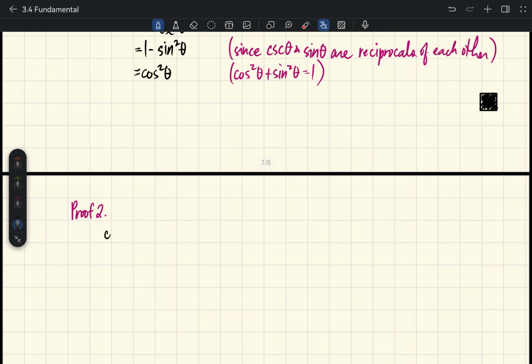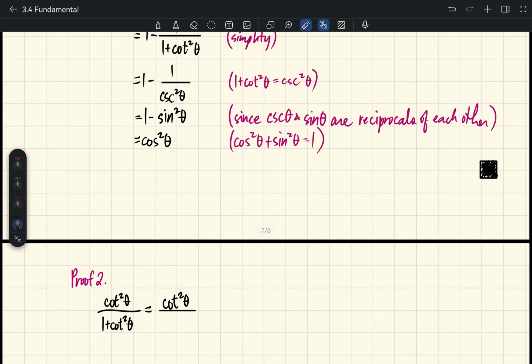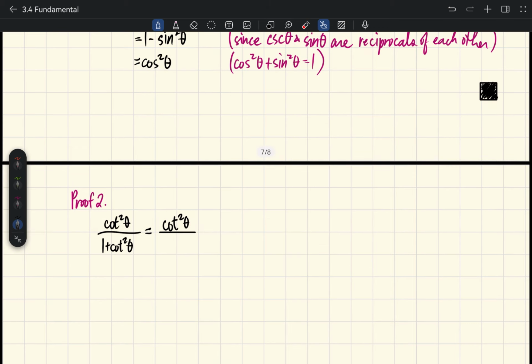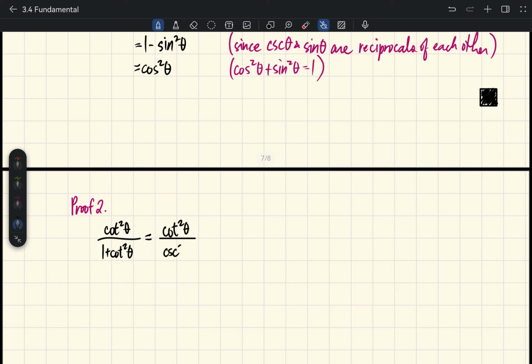So we have cotangent squared theta all over 1 plus cotangent squared theta equals, so let's retain the numerator, but for the denominator, we will be using this identity right here. So we have all over cosecant squared theta. So what we just did here is use the identity 1 plus cotangent squared theta equals cosecant squared theta.